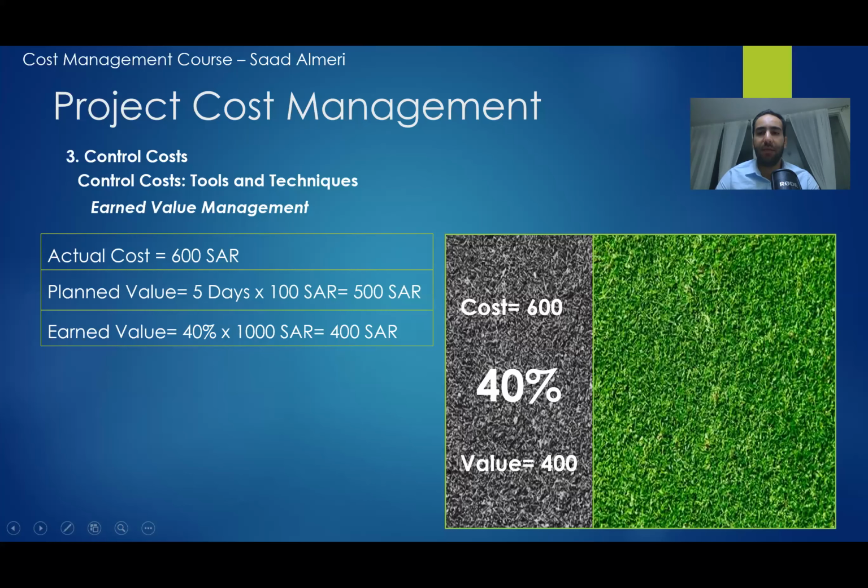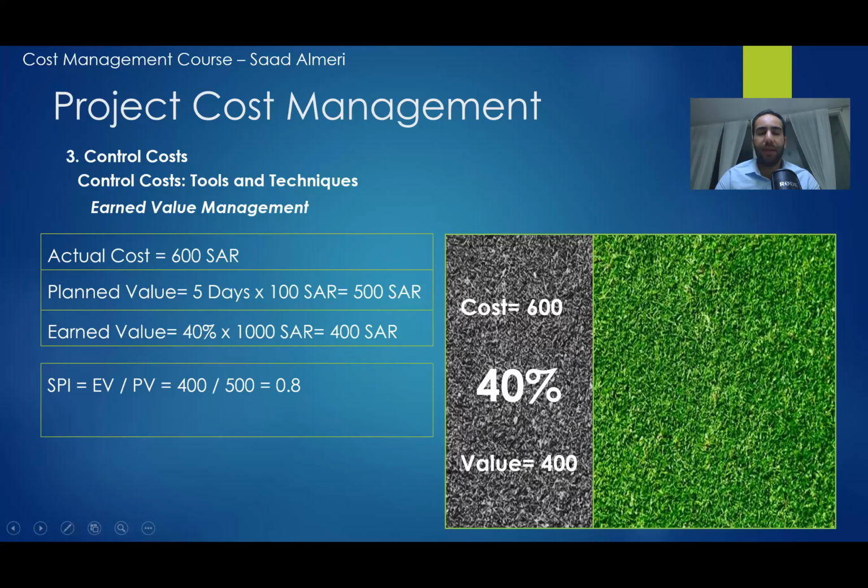We are talking about the earned value I got for the amount of work that I did. Because I did 40% of the work, I earned 400 riyals. So it is not real money, it's just an amount of money that we put for comparison only. The real money is here. We spent 600 riyals.